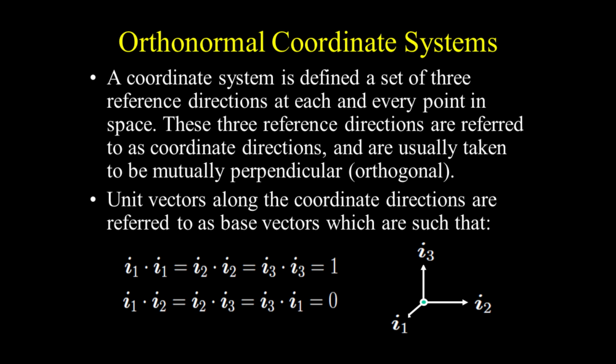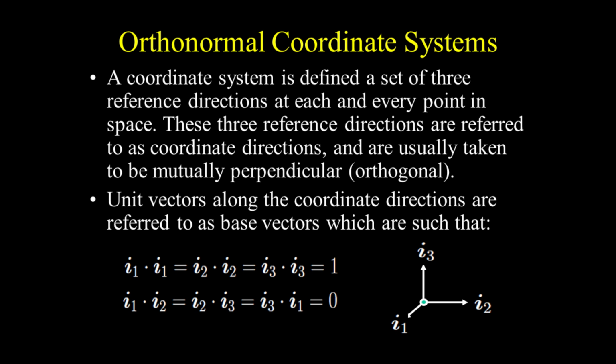Note that the base vectors can, in general, point in different directions at different points in space. Obviously, if they are to serve as references, then their directions must be known a priori for each and every point in space. In this class, we shall solve problems using Cartesian orthogonal right-handed coordinate systems.